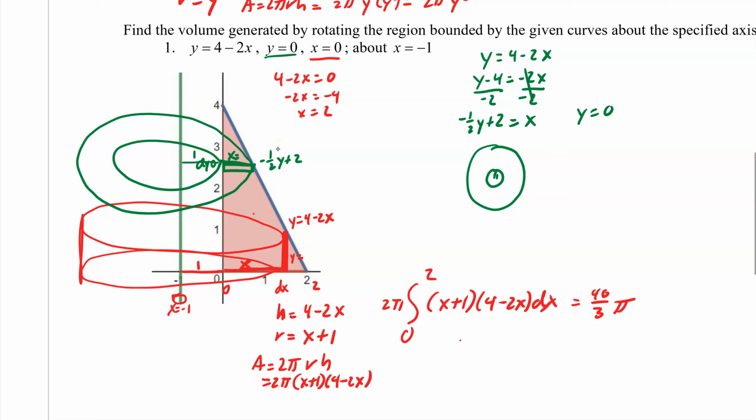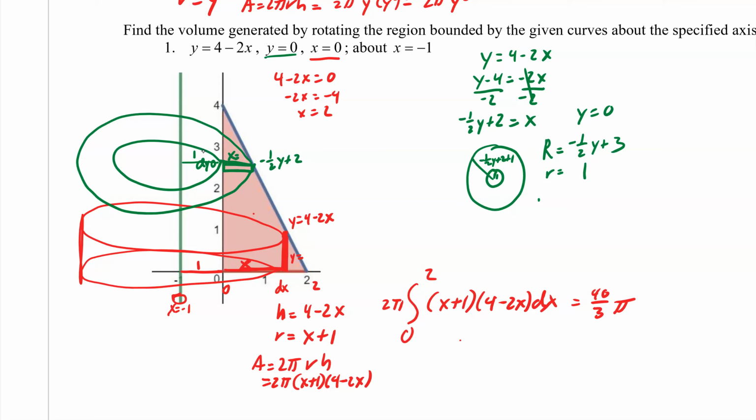So my inner radius is 1. And my outer radius now then would be this little height right here, -1/2 y plus 2. So it would be -1/2 y plus 2 plus 1. Okay, so that means my big R is -1/2 y plus 3, and my little r is 1.